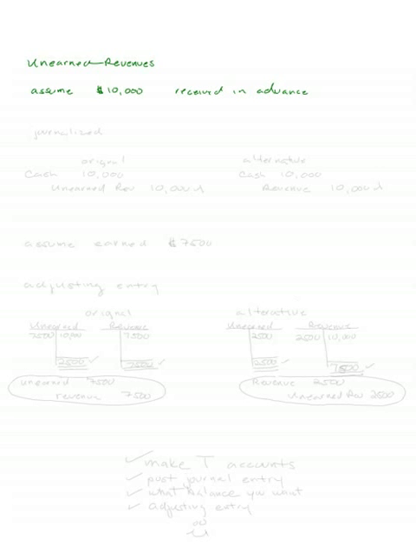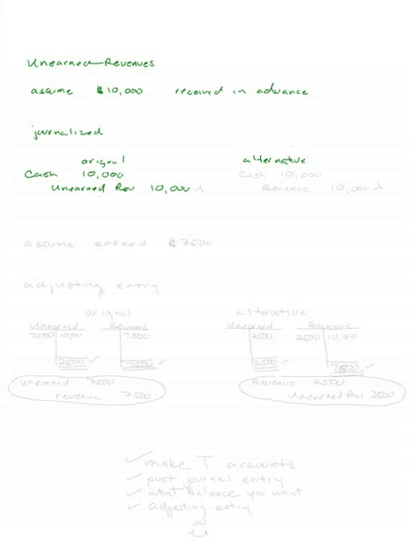We will make the original journal entry when it was journalized, and there are two different methods: our original method and our alternative method. When you first learned this back in Accounting 1110, you knew that you received cash of $10,000 and you put it in an unearned revenue account in the amount of $10,000, and that was the original way we learned it.